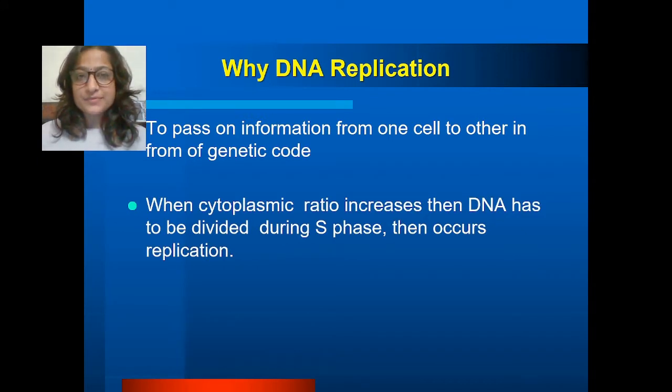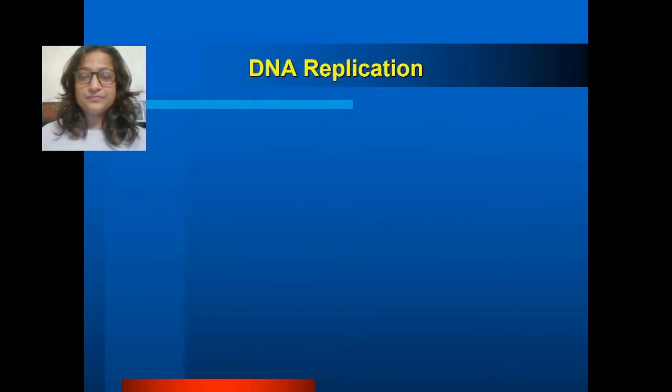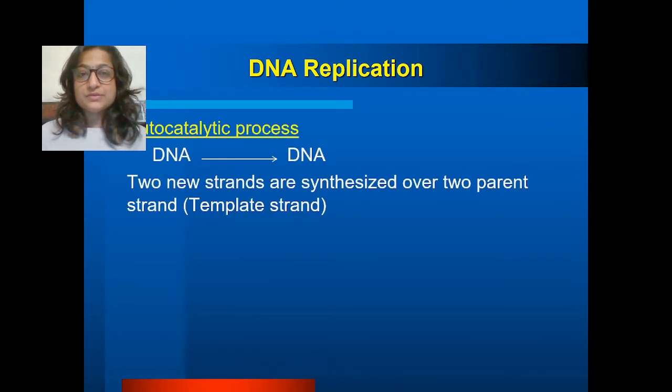Also, when the cytoplasmic ratio increases, then DNA has to be divided during S phase and then replication occurs. So, some of the features of DNA replication. DNA replication is basically an autocatalytic process.